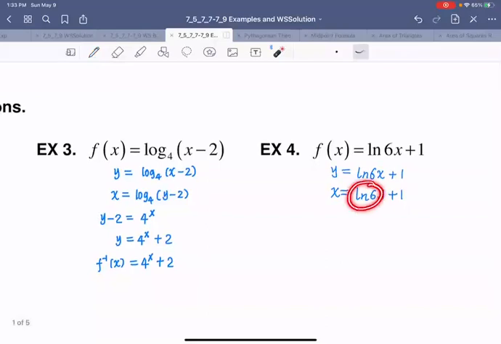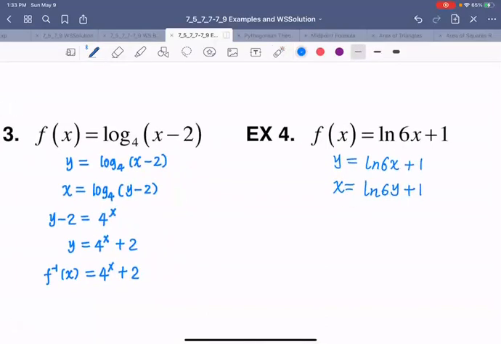You want to solve for y, so you want to subtract 1 on the other side. X minus 1 equals ln 6y, right? What's this, ln? This is the natural log.